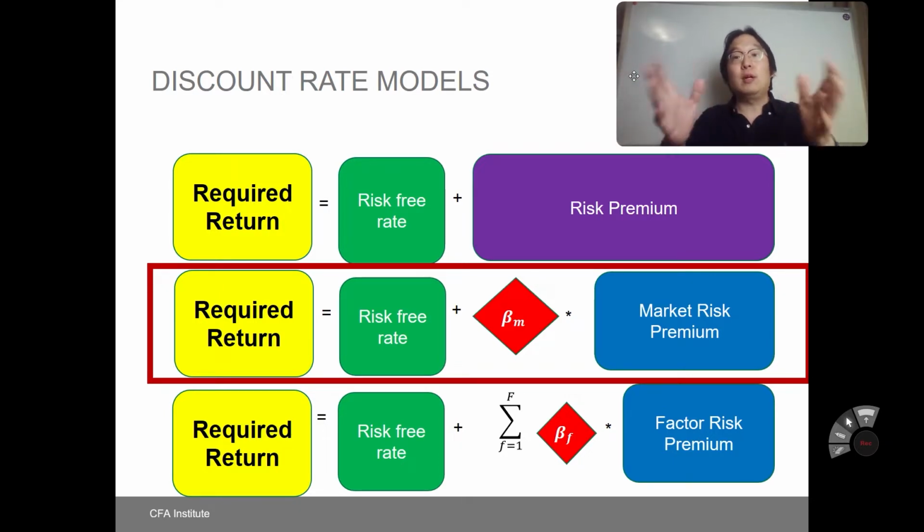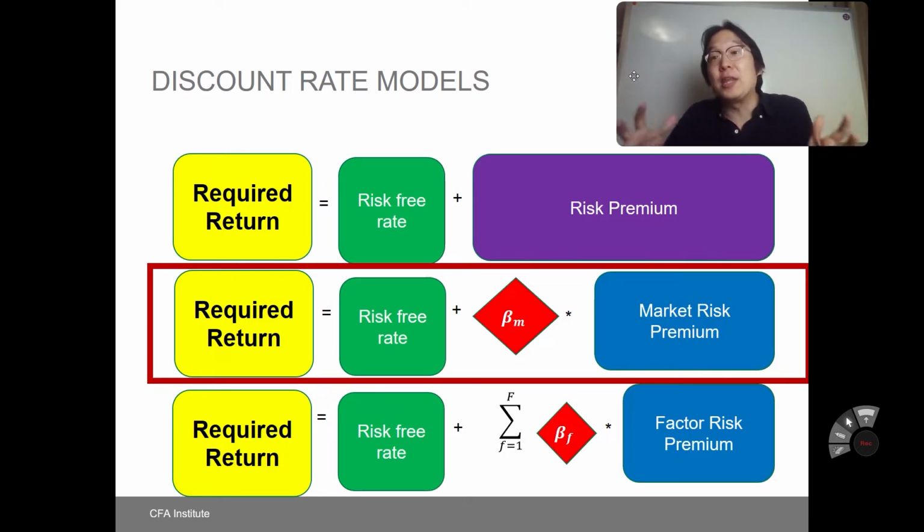All I need to care about is how much Tesla moves together with the macro shock of market risk, how sensitively it is moving, such that it makes my market portfolio riskier than without this guy. Make sense? If Tesla is going to make my market portfolio riskier, I'm going to punish this guy more, and I'm going to require more risk premium. Okay? That's the idea.